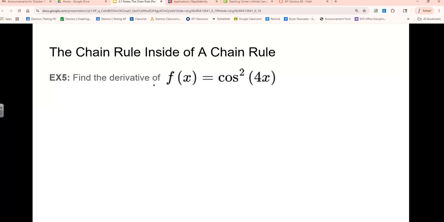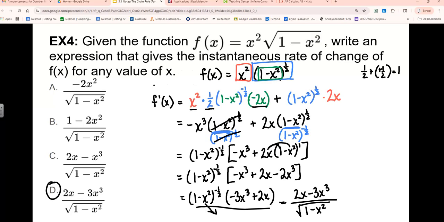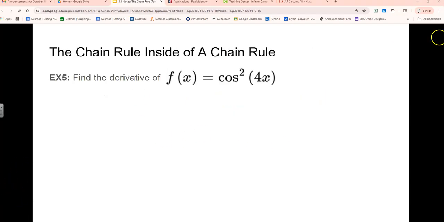Okay. I want you guys to do a couple problems, and then we're going to come back to recognize it's a chain rule inside of a chain rule right here. Good news about ones like number 5, they're not difficult to simplify. So in order to even be able to see that this is like a chain rule inside of a chain rule, I think it's important to use different notation.